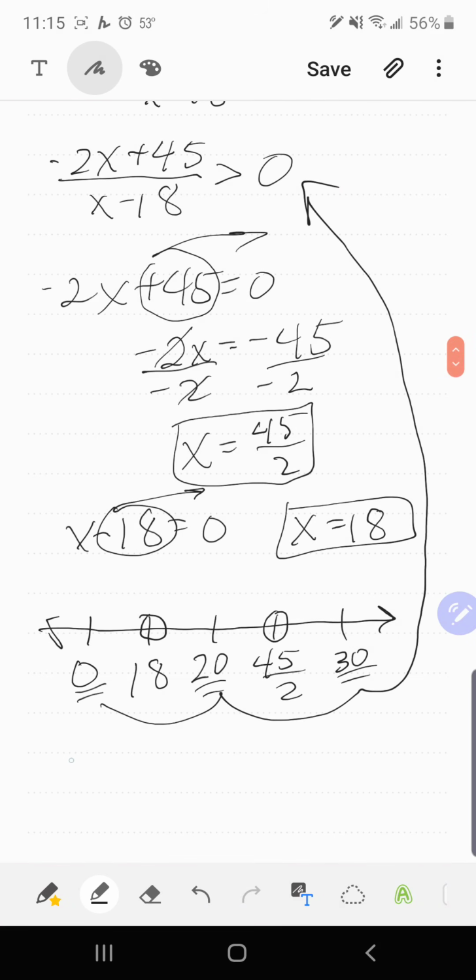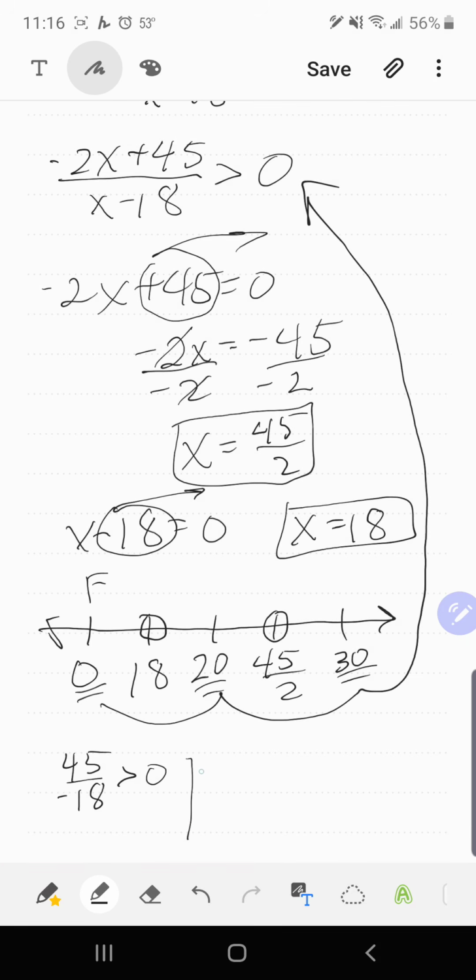So plugging in 0 is going to give us 45 over negative 18. And we want to know, is that greater than 0? Well, a negative number is not greater than 0, so that's false. And then we're going to check the 20.